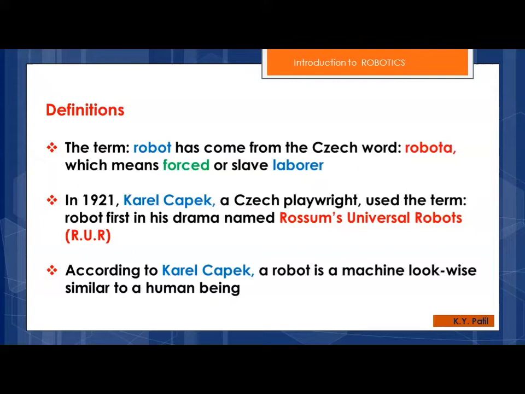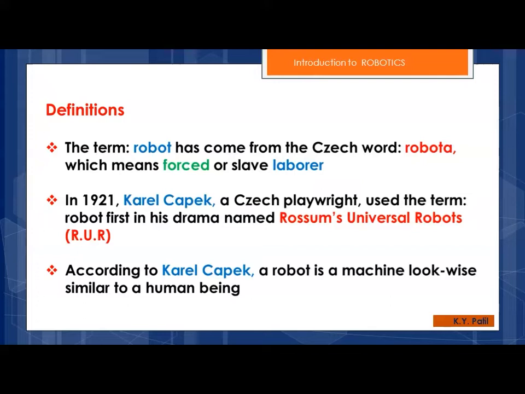Now, the term robot was introduced in the year 1921 by Karel Capek. He was a playwright. He wrote one drama, and the name of that drama was Rossum's Universal Robots, RUR. In that particular drama, he introduced the term robota, that is, the robot.